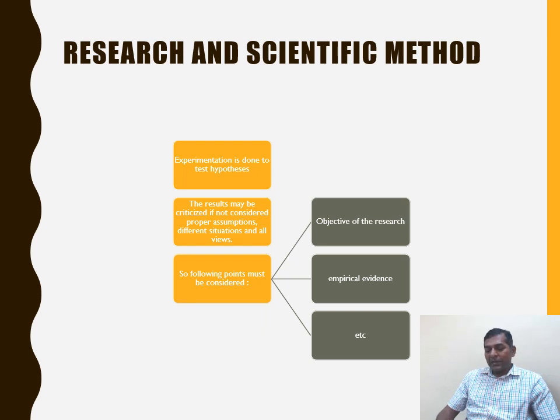The experimentation is done to define the hypothesis, what we have explained, what we have noted. So we need to justify that the output should be like this, or if output is already defined, then my process is better than the previously used processes.